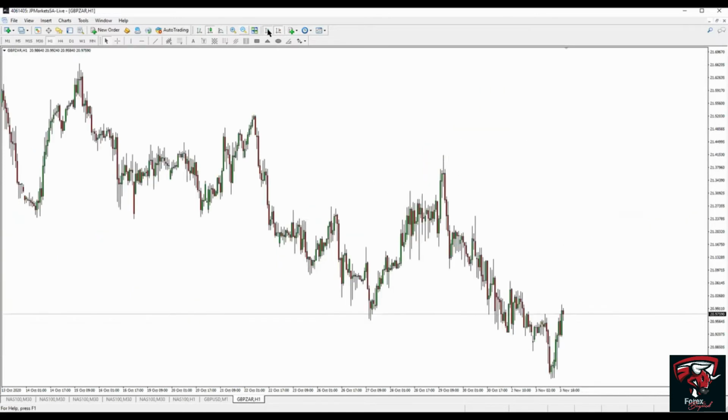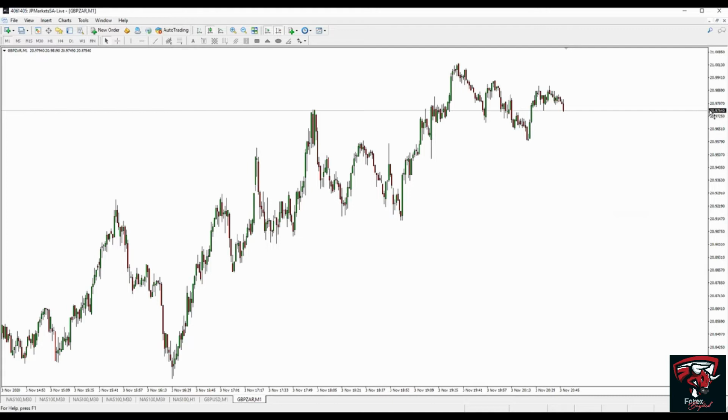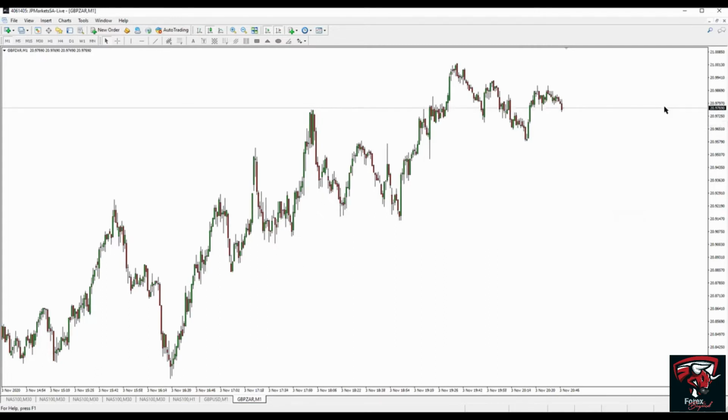See here it says GBP ZAR. That means that's the value of the pound to the rand. So you see where it says 20.97, that means 1 pound is worth 20 rand 97 cents.